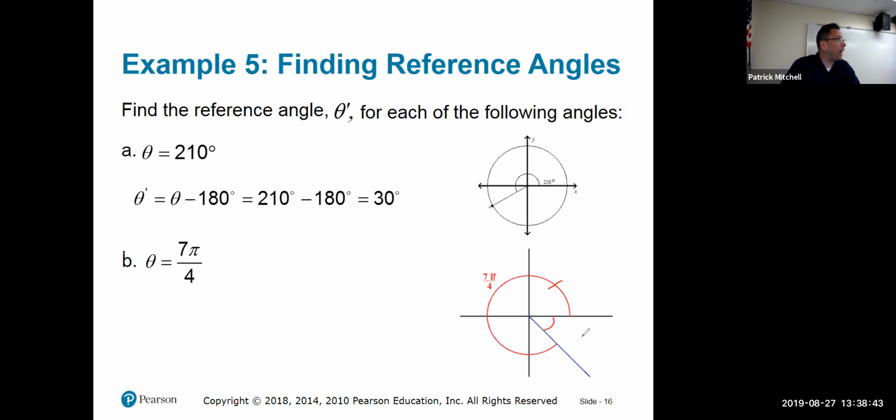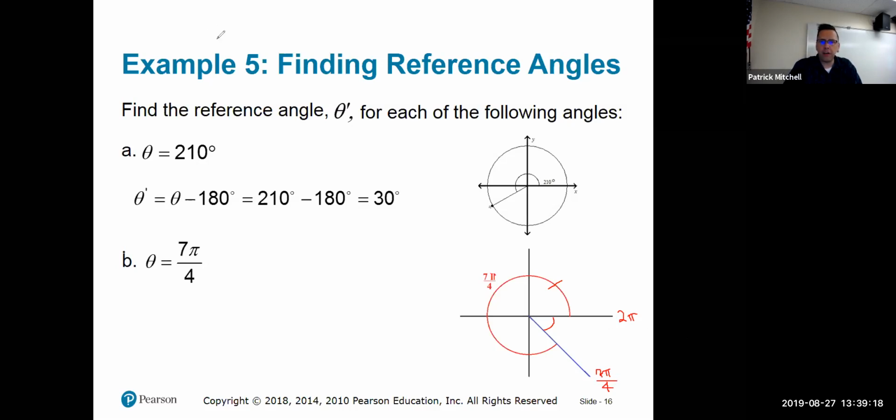Reference angles, by the way, are always positive. So this is one of those situations where we don't pay any attention to the direction that the angle was formed. So what you have to do here is remember that I'm going to think of this angle over here as 2 pi. And of course, we already know that this angle is 7 pi over 4. And so kind of like the last example, it's just going to be the difference between those two angles.